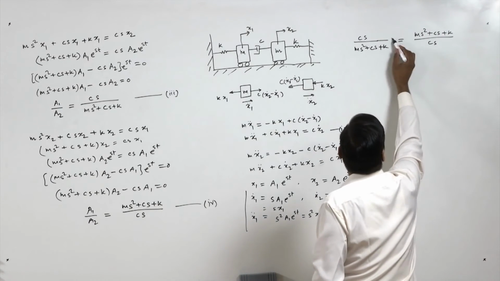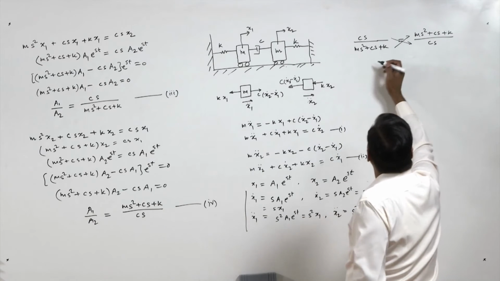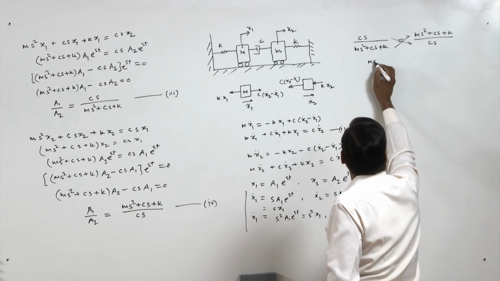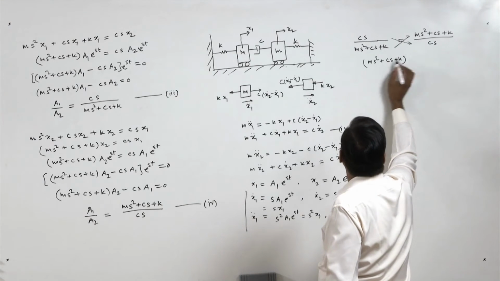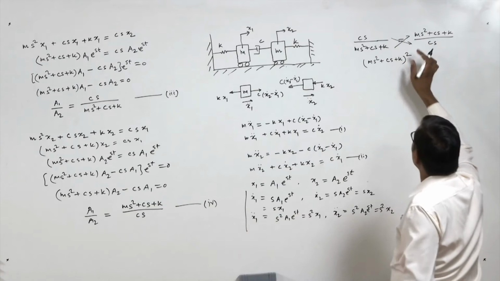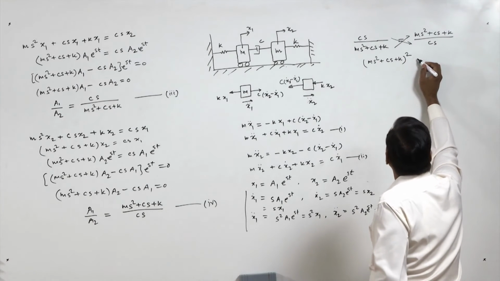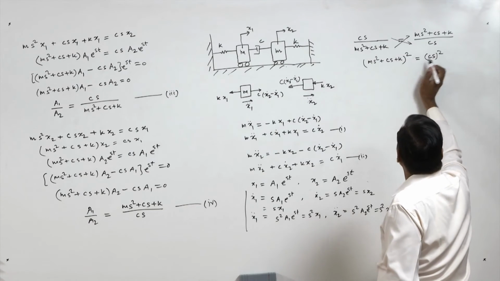Now we cross multiply, and so we get (m s square plus c s plus k) whole square, because these are the same terms, equal to (c s) square.